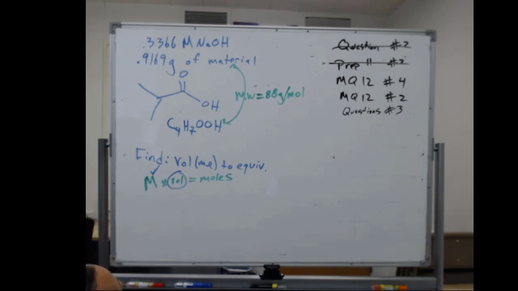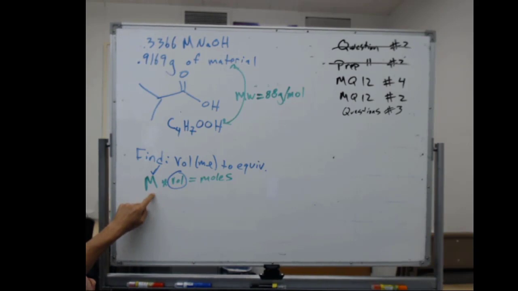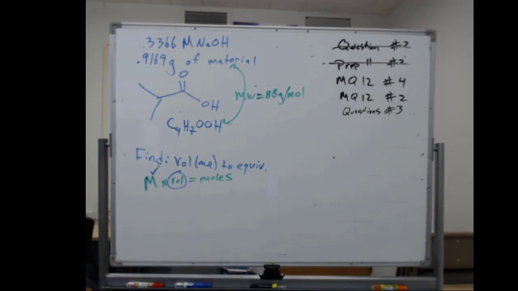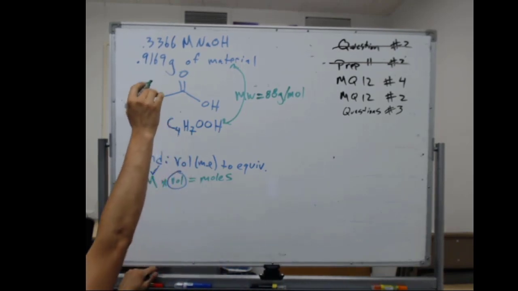Okay. So we already have the molarity, so we just need to find the number of moles, and then we can rearrange this equation. 88.12, great. I'm going to do a little bit of extra rounding, make sure you're not rounding as much as me when you actually do the problem.